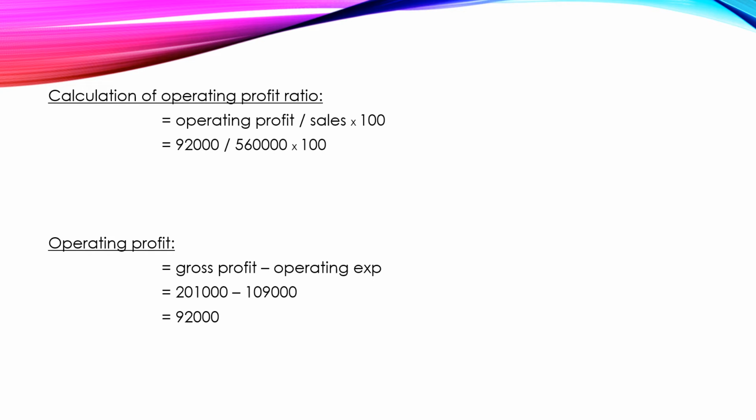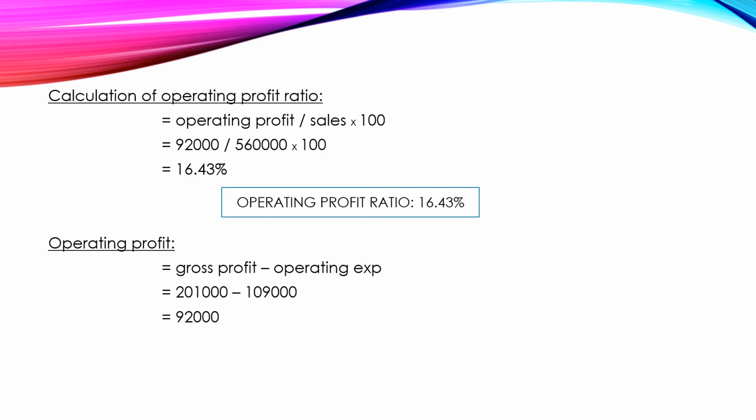Operating profit is equal to 92,000. 92,000 divided by sales 5,60,000 into 100 is equal to 16.43%. Therefore, operating profit ratio is equal to 16.43%.